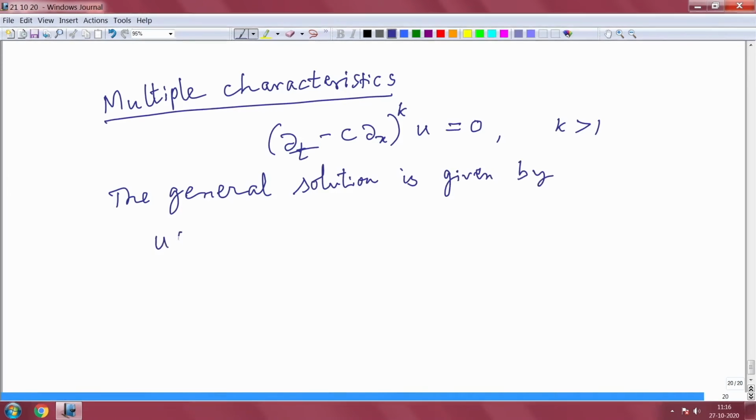u of x t is equal to f 1 of x plus c t plus t. This we saw for k equal to 2, and now you do an induction argument and you get this.